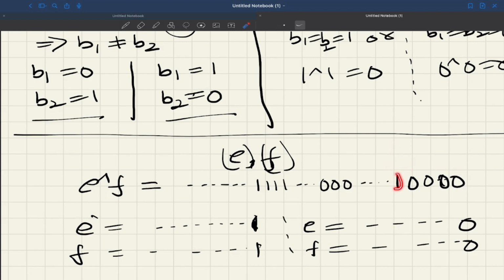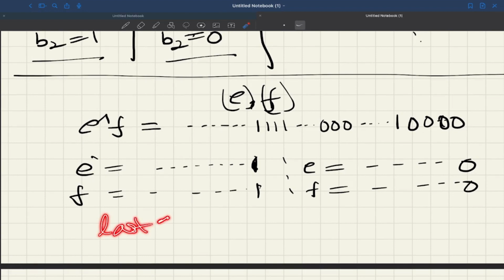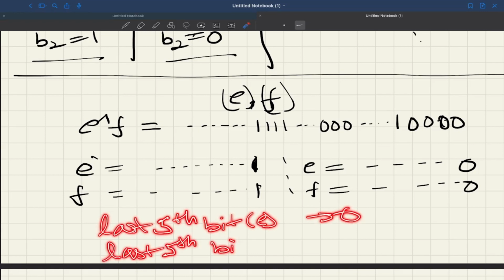So the last fifth bit is 1 in our XOR value, which means the last fifth bit in my E and in my F are different. In one of the numbers it will be 1, and in the other it will be 0. So let's say the last fifth bit of E can be 0, and then the last fifth bit of F will definitely be 1.